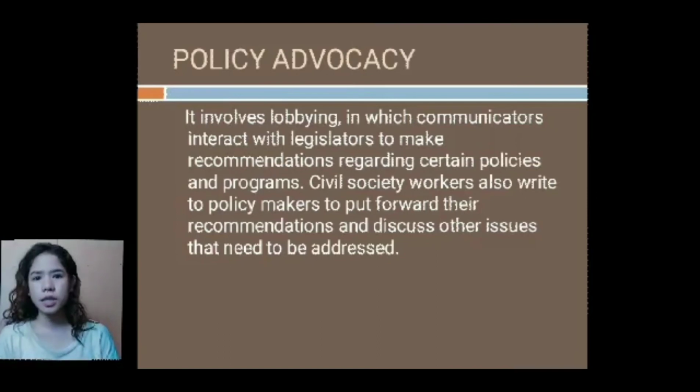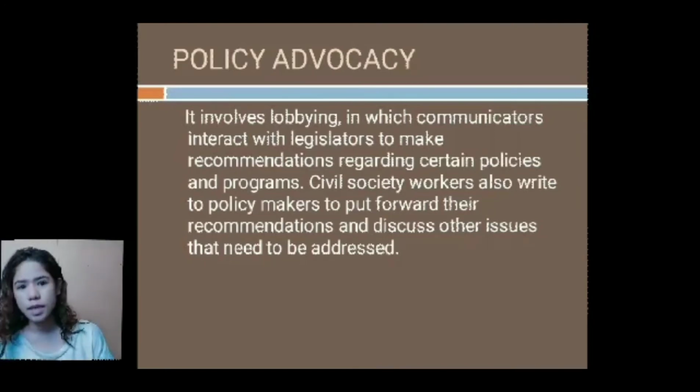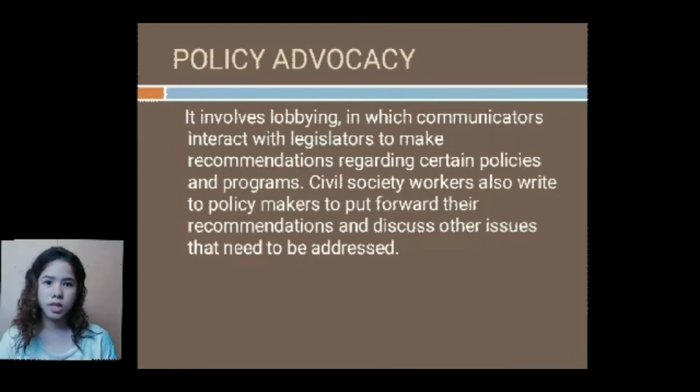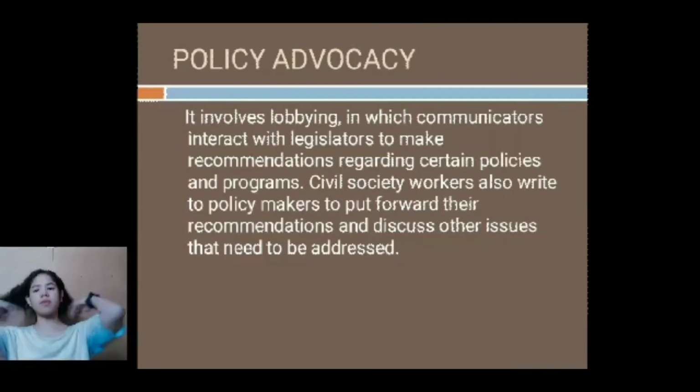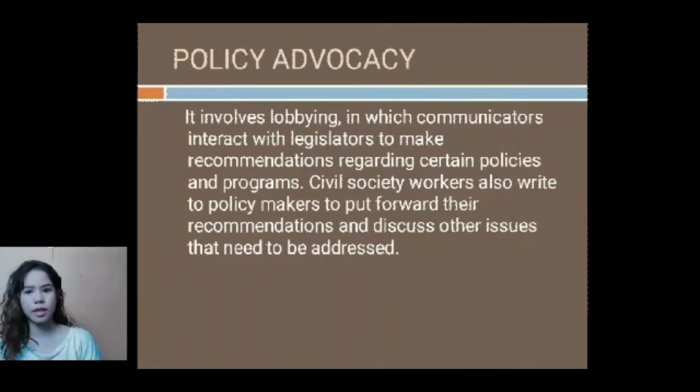So yun, it involves lobbying in which communicators interact with legislators to make recommendations regarding certain policies and programs. Civil society workers also write to policymakers to put forward their recommendations and discuss other issues that need to be addressed. So, bale, yun nga nasabi ko na, yung mga paraan o yung mga changes na dalhin sa taas para maaprubahan at maisagawa.